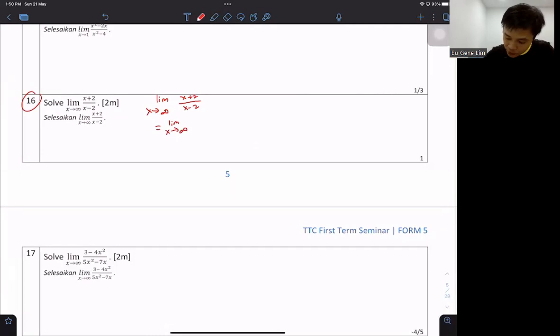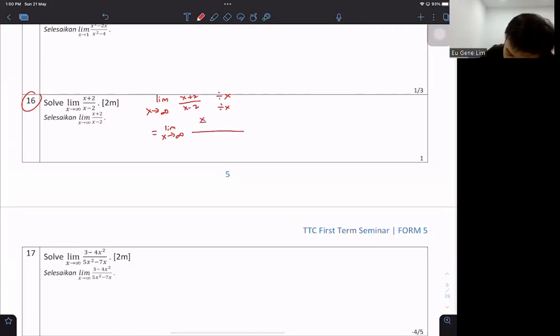You go and divide by x. On top, divide by x, and the bottom also divide by x. So it becomes like this. On top divided by x, x over x plus 2 over x. The bottom divided by x, x over x minus 2 over x.